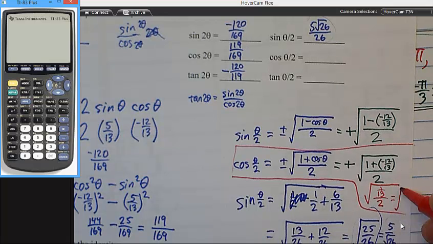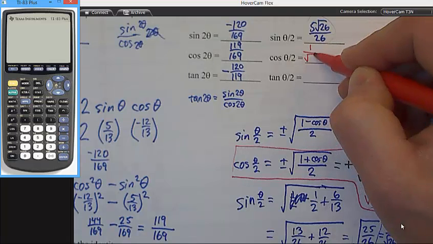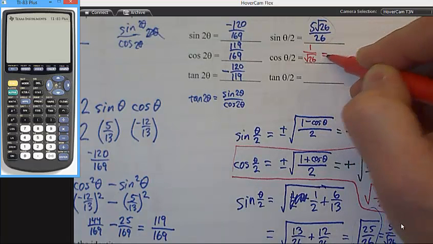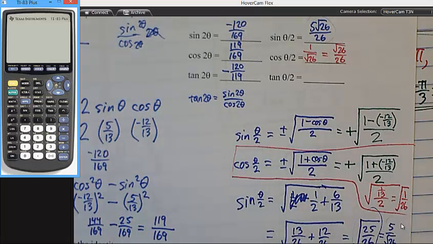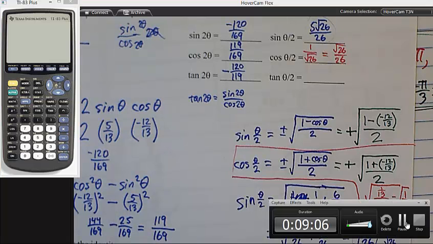So it's the square root of 1/26. So you could write it as 1 over the square root of 26, or you could write it as the square root of 26 over 26. Any of those three ways are fine by me. Let me pause.